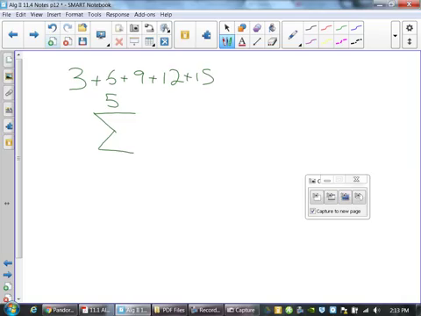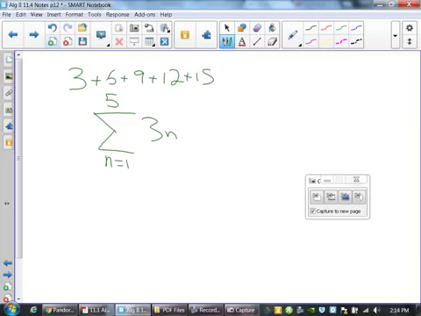Then you write the rule. Well, what's the rule here? Plus 3, or think of it in terms of 3 times something. 3 times 1, 3 times 2, 3 times 3, 3 times 4, and so on. 3n, where n starts at 1. Now there's a couple of ways to do this. You could have said 3n minus 3 where n starts at 2. You could have done a bunch of different ones.